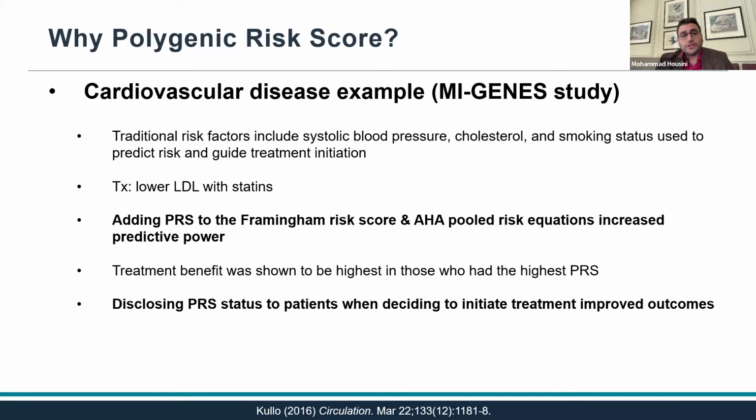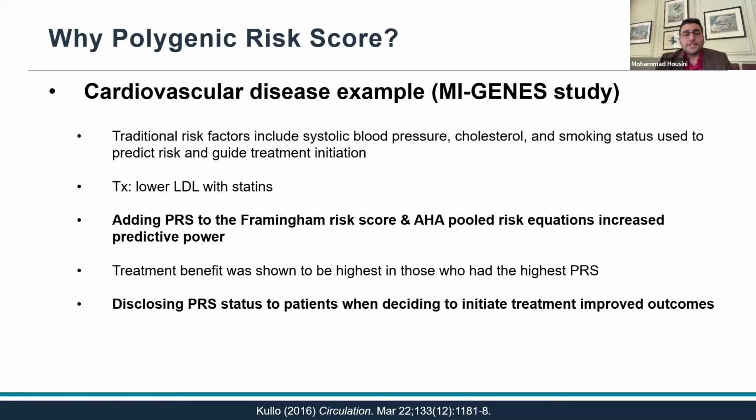Traditionally, for cardiovascular disease, the Framingham risk scores and the American Heart Association risk scores take into account traditional things like blood pressure, cholesterol, and smoking, and these are used to diagnose and initiate treatment, which is to lower the LDL with statins.